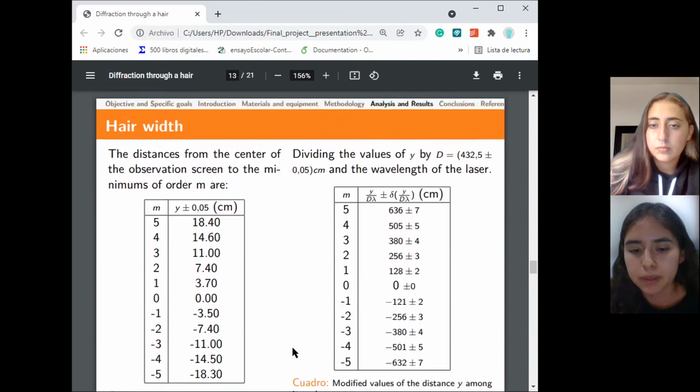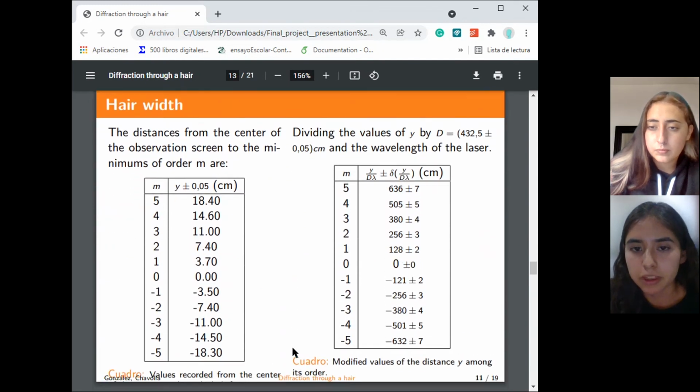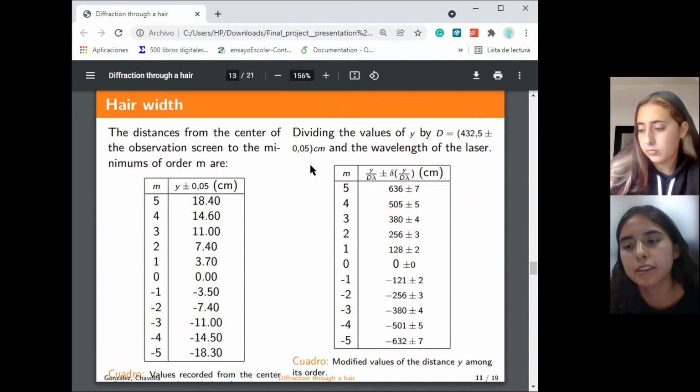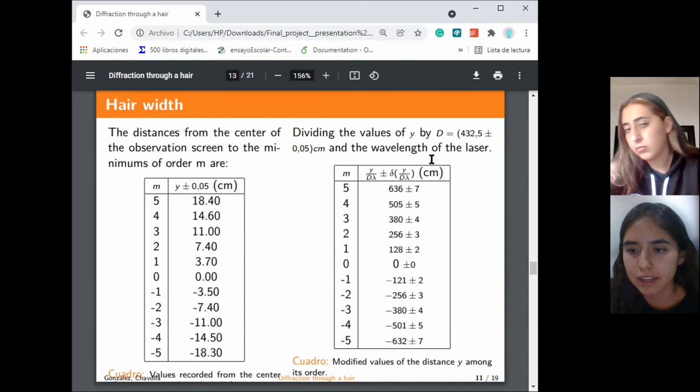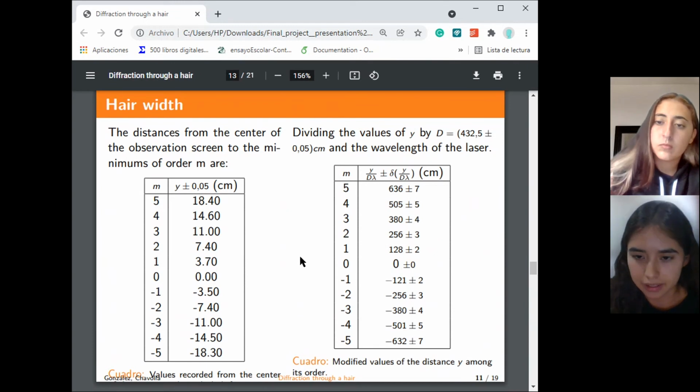Continuing with the experiment to obtain the width of the hair. We first recorded the distances from the center of the observation screen to the different minimums, and we divided these distances by the distance from the hair to the screen, and also by the wavelength of the laser obtained.